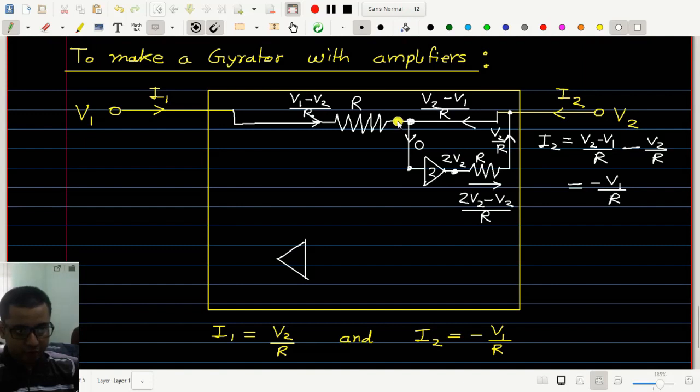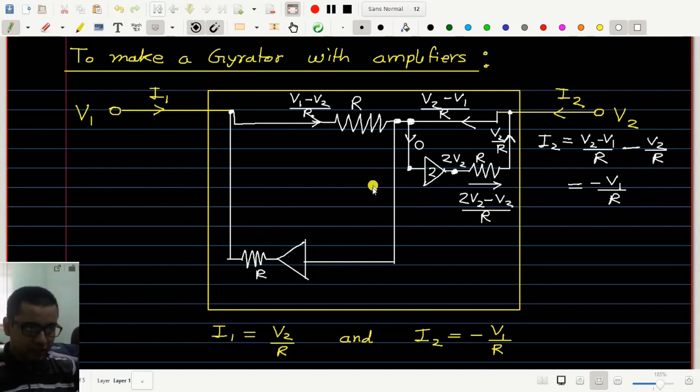Connect it from here, and then the output goes through our resistance R back to here.